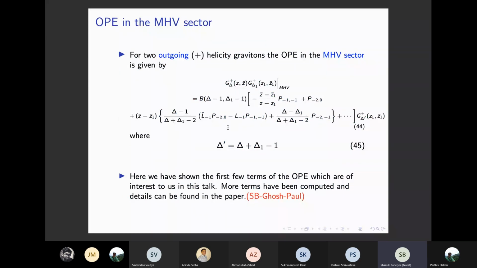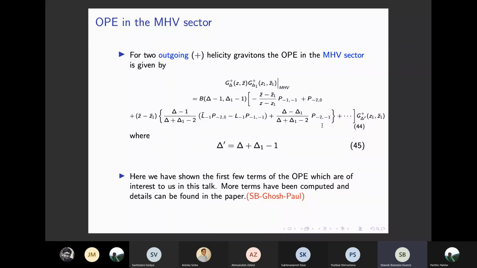So now let's do the following. We know the structure of the MHV amplitudes, and you can construct the OPE. You can do that integral transformation and go to the sphere, and consider the OPE of G plus delta at Z, Z bar and G plus delta 1 at Z1, Z1 bar, and that OPE has this structure.